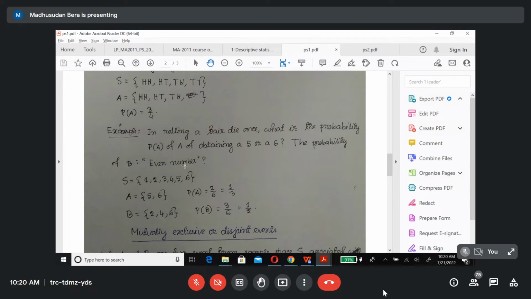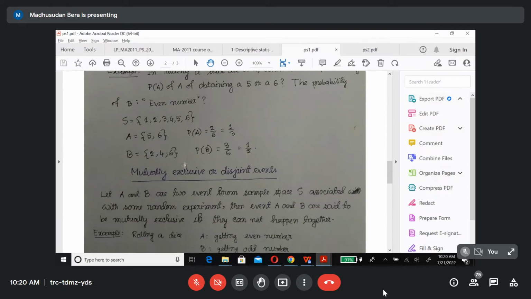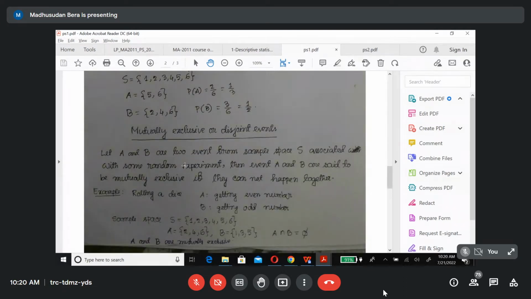Now we will go to some other definitions, like disjoint events. Disjoint events, or mutually exclusive events: basically, their intersection is empty, which means they cannot happen together.